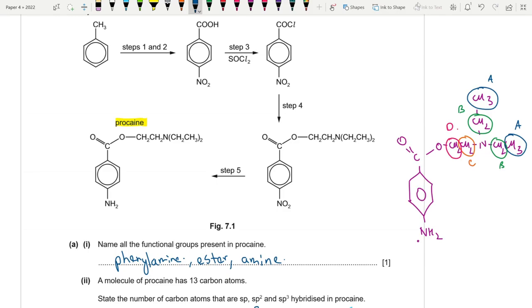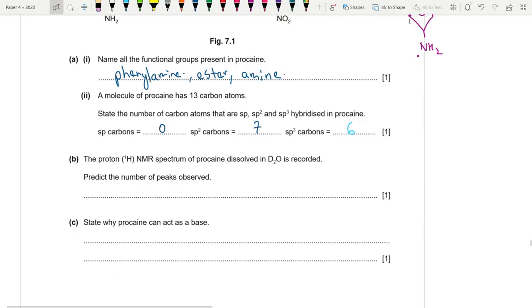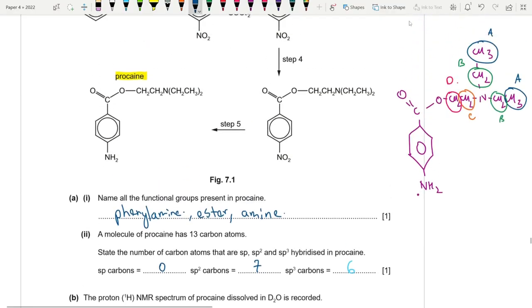And in this benzene ring, all the hydrogens are in one specific environment. Okay, so we are just going to call that E. We are going to call this E, all the hydrogens here.